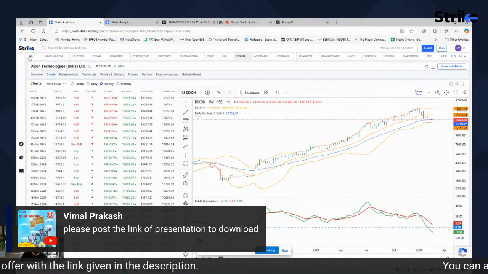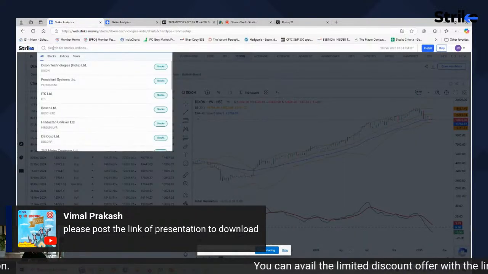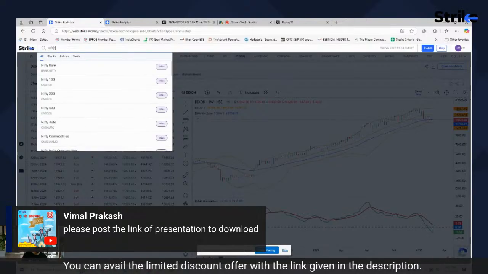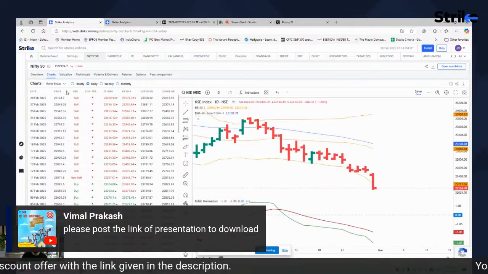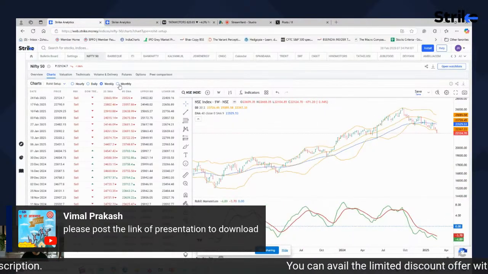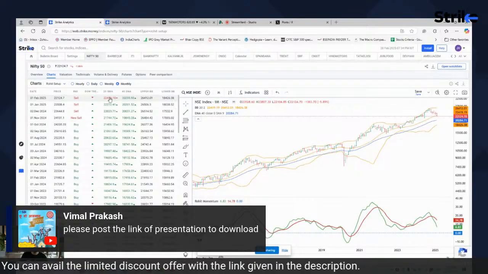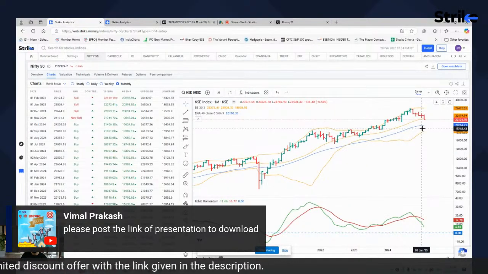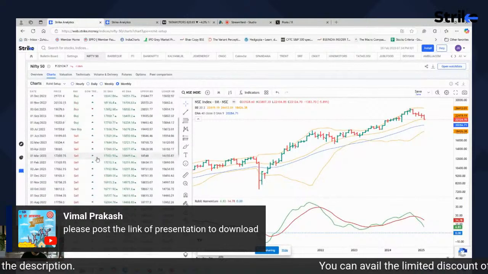So for going to this chart, you can click on any of the stock or indices. Say I do it in Nifty 50. Okay, going into Nifty 50, if I go to charts, by default this is what is going to open. Okay, and when you change the time frames you will see this data also changing accordingly. Okay, now we can see that the monthly close of Feb has come below the 20-month average for the first time after a very very long time, right?